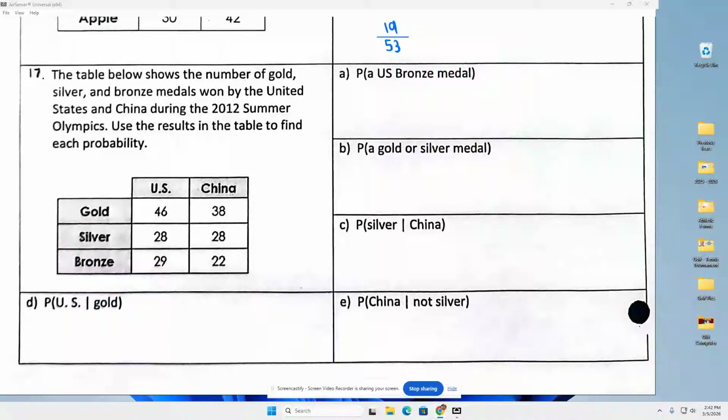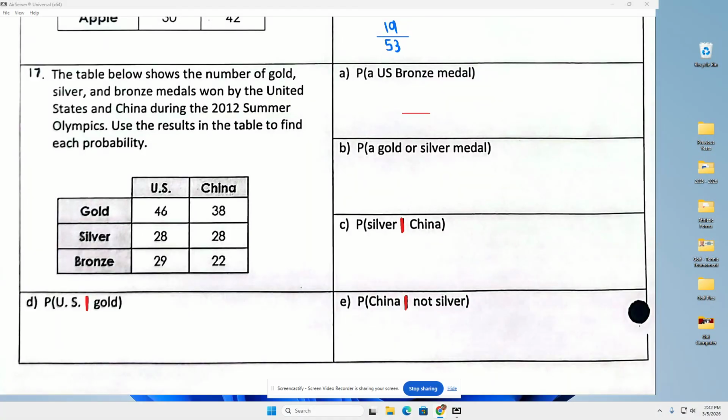Okay, number 17. 17 has a little bit more as far as problems, but again, we are looking for "given that." See, no given that on A, no given that on B. We have a given that here on C, E, and D. So what does that mean for A? It means my bottom number is everybody.